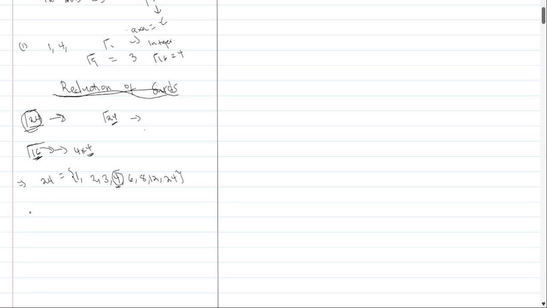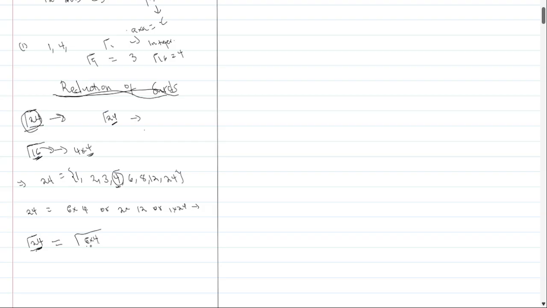But before we leave, notice that the number 24 could be written as 6 times 4, or 2 times 12, or 1 times 24, and so on. So for instance, when we have the square root of 24, we could write it as the square root of 6 times 4, because 6 times 4 is 24.